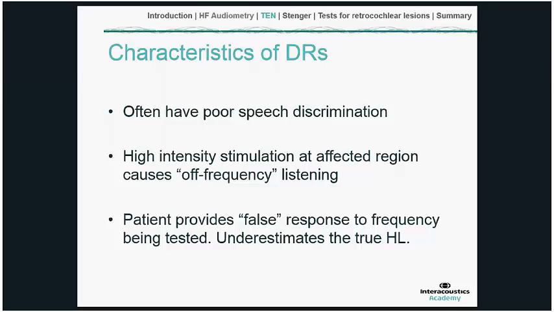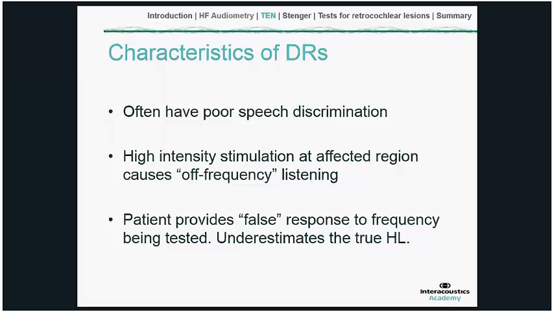Well, the hair cells that are tuned to that particular characteristic frequency may well be dysfunctional, but those that are tuned to a slightly different frequency may also detect those vibrations, but to a slightly lower degree. But nevertheless, if they're detected, then the person can hear that sound, and this is described as off-frequency listening.